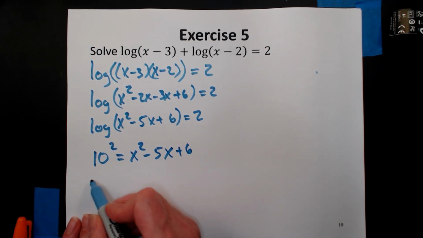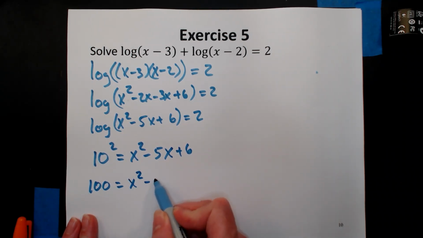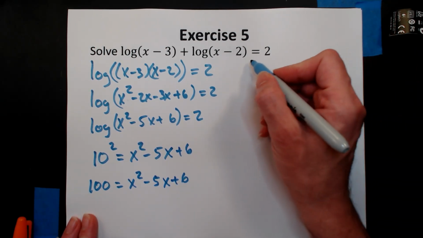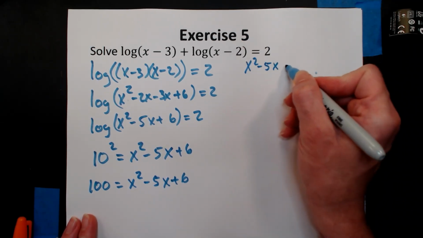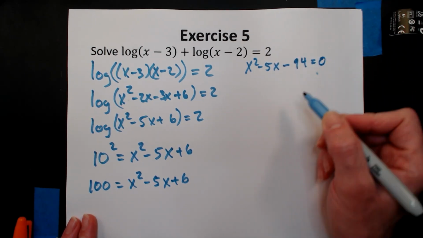Then once I have that, this 10 squared is actually 100, x squared minus 5x plus 6. And then I'm going to take this and move it to the other side. And so now I'm going to get x squared minus 5x minus 94 equals 0.